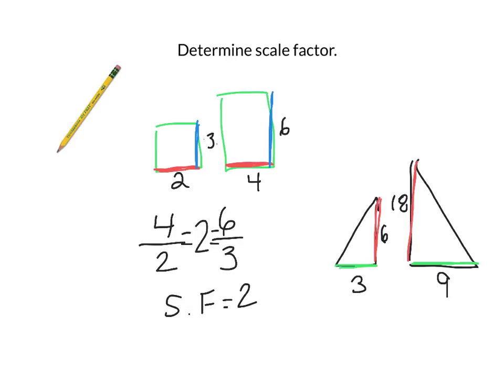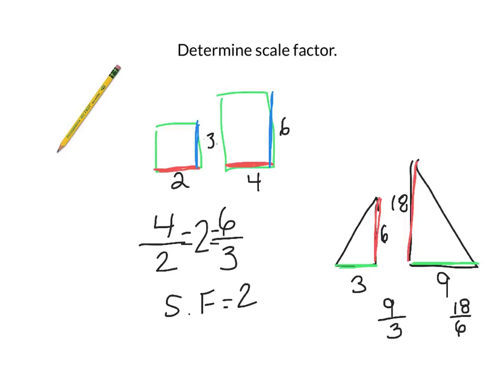So again, now that I know what my corresponding sides are, I can build my ratio, starting with my bigger number first. So if I'm looking at my green sides, I've got 9 over 3. And the red sides, I have 18 over 6.